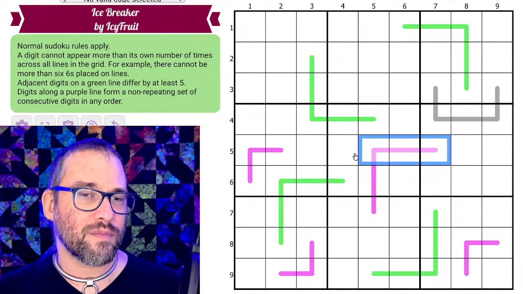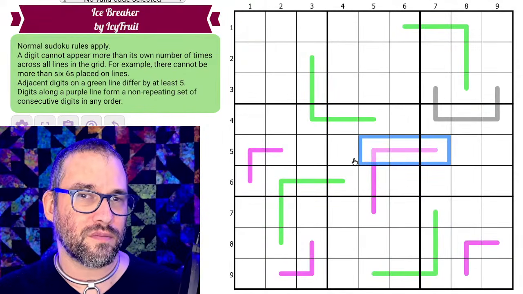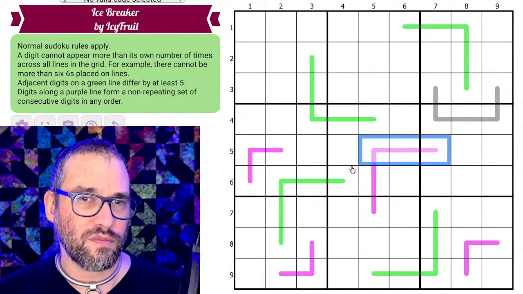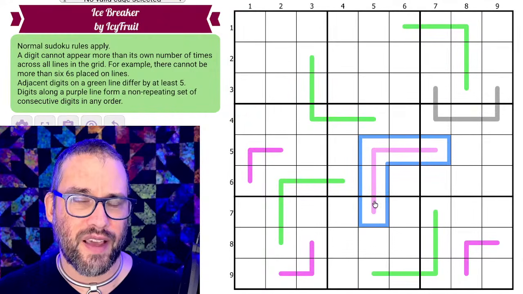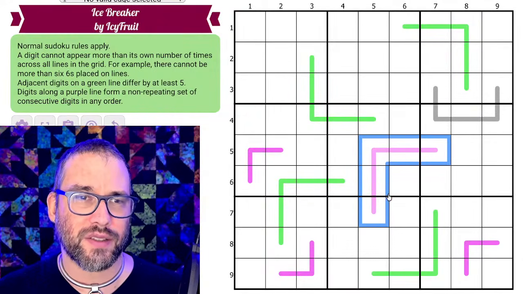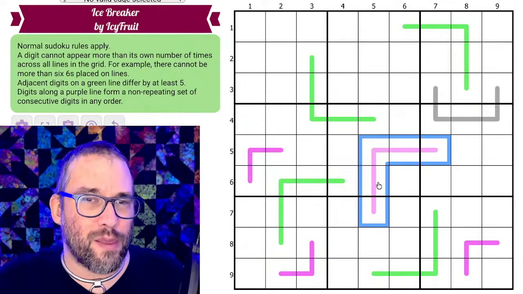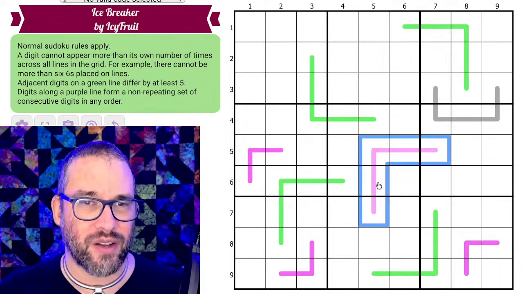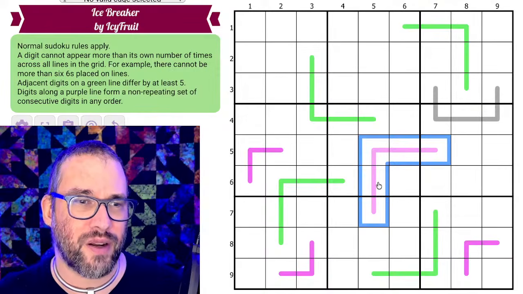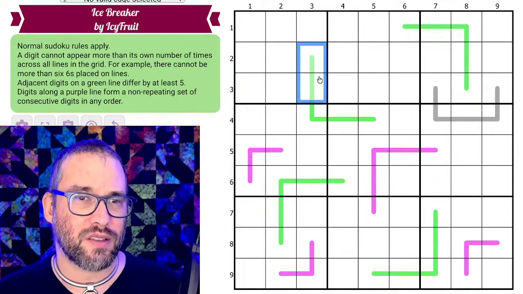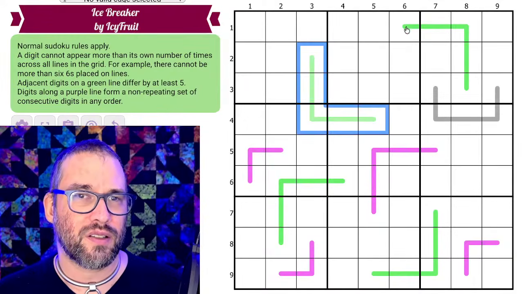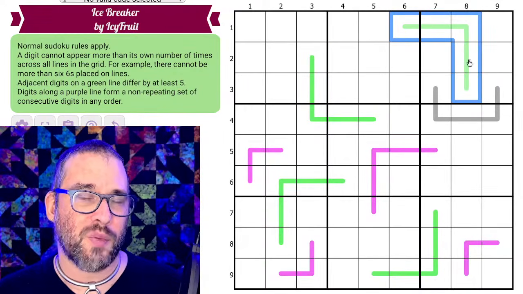This line definitely has a 5 on it, though 5 is like the least pressured digit on lines, so that's not very interesting. So we need to look somewhere else.